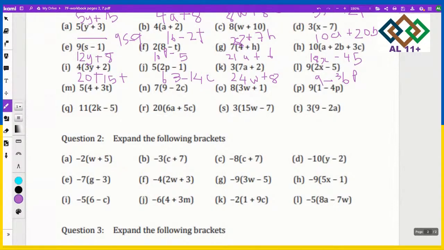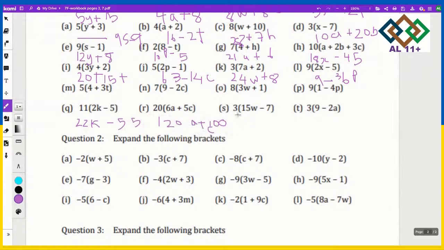So now we are on Q. Q is 22K minus 55. Then you have R, that is 120A plus 100C.